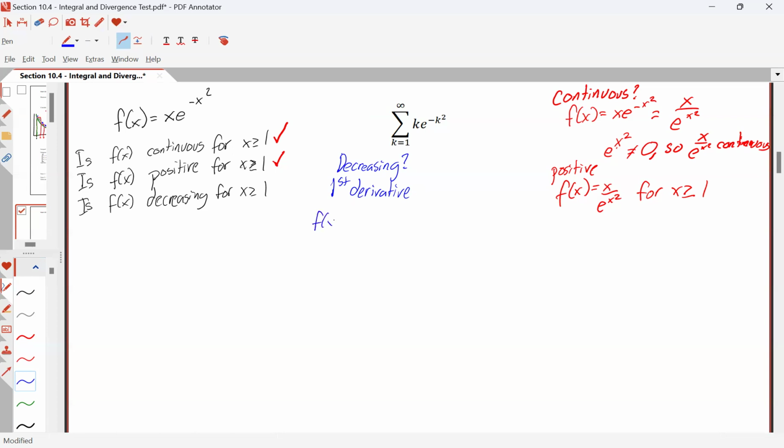So f of x equals x e to the negative x squared, meaning f prime of x equals, by the product rule, e to the negative x squared plus x e to the negative x squared times negative 2x, which is also 1 minus 2x squared, all times e to the negative x squared.